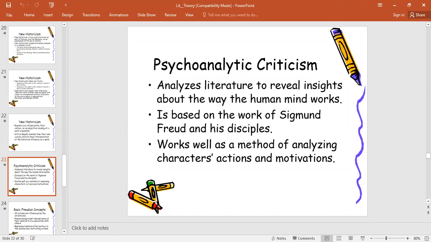It works well as a method of analyzing characters, actions, and motivations. You will analyze men with the help of their characters and their actions and their motivations. And psychologically, you will study men: how do they think and what do they think and what is going on in their brains.